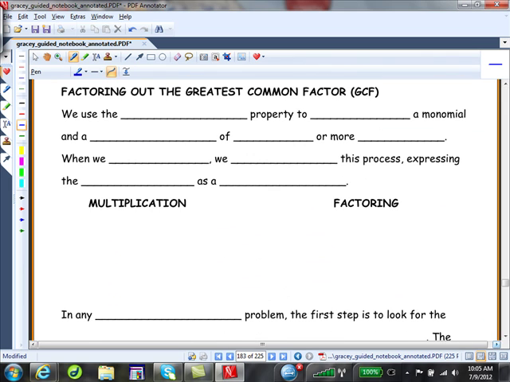Factoring out the greatest common factor. We use the distributive property to multiply a monomial and a polynomial of 2 or more terms.